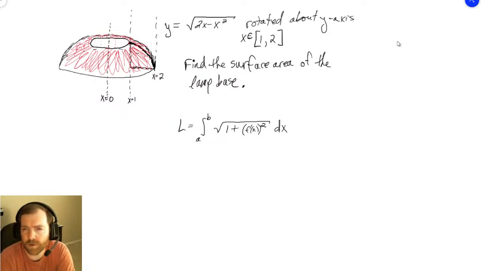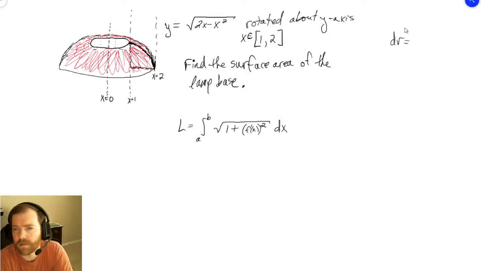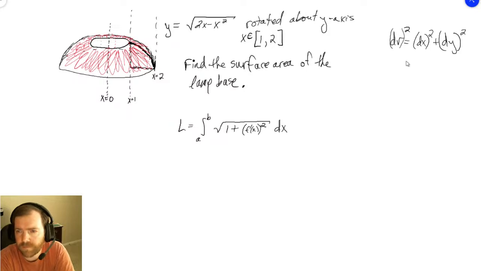So again, what we're really looking at here is that the distance along the curve itself, dr squared I guess, is going to be made up of the component distances of dx squared and dy squared. So that means that dr is just going to be the square root of this whole thing.